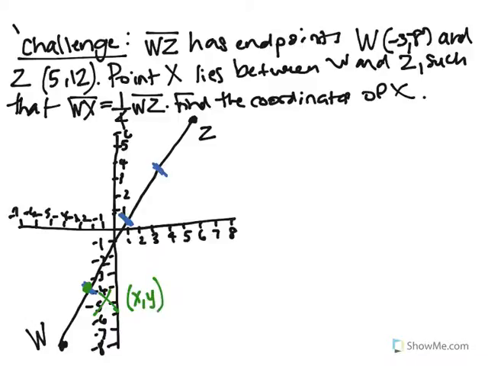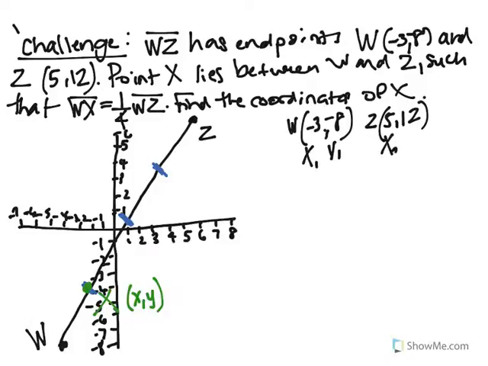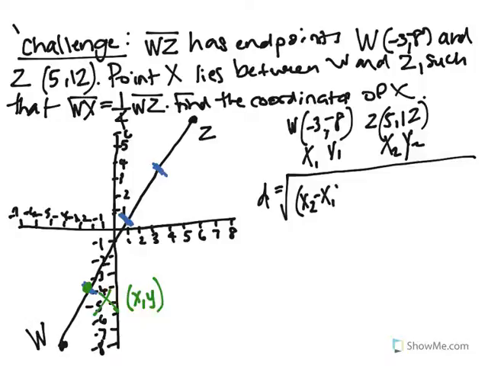So let's begin by finding the distance from W to Z. So let's do our distance formula. We have W is (-3, -8) and then Z is (5, 12). Let's assign our x1, x2, and then we'll do the distance formula. x2 minus x1 squared plus y2 minus y1 squared.